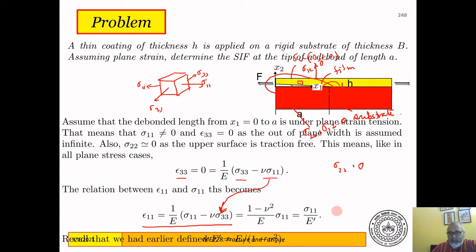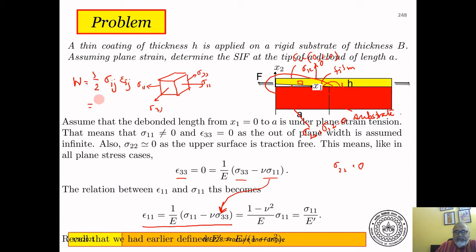So epsilon 1 1 is sigma 1 1 by E prime, and that is the only component of stress that exists in this part of the film. So everything is bonded. When you pull it, only this part elongates, and strain energy is stored only in the debonded part. The strain energy W, remember, for an elastic material is half sigma ij epsilon ij.